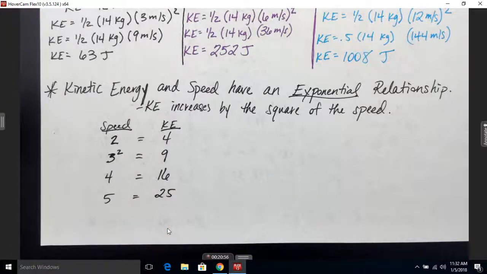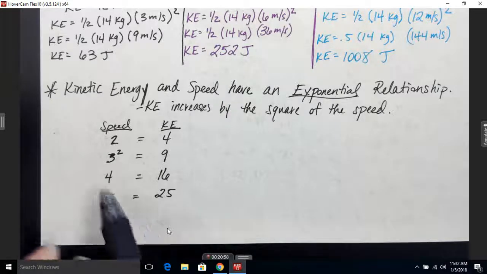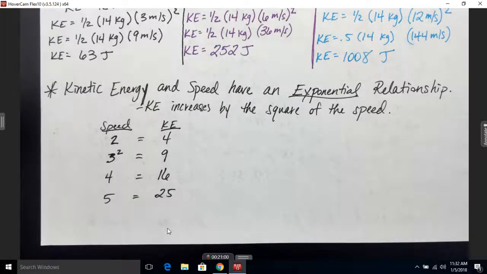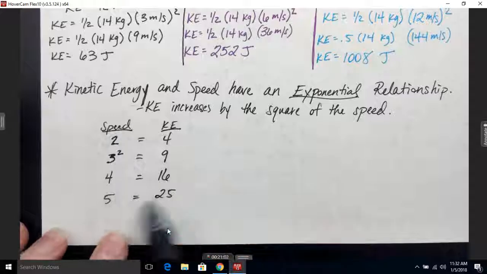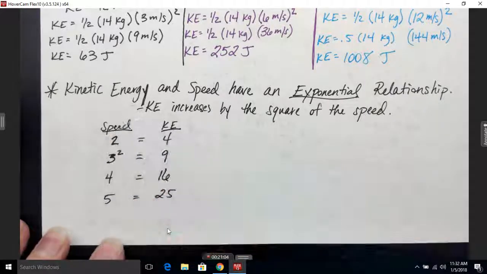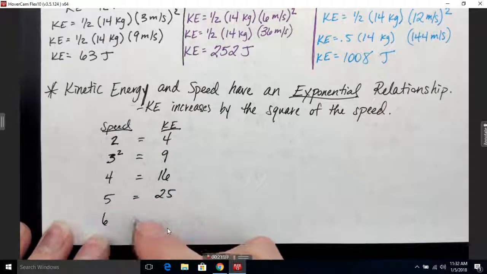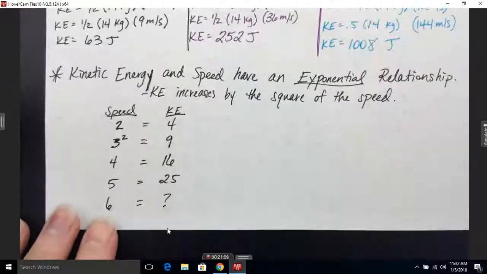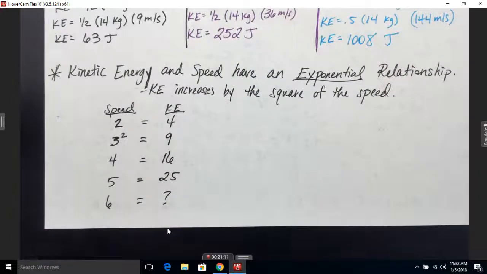Okay, and it just keeps on going. Here I'm going to be honest with you. This is probably something they would put in a data table and then ask you what that is. Y'all got it. You can do that.